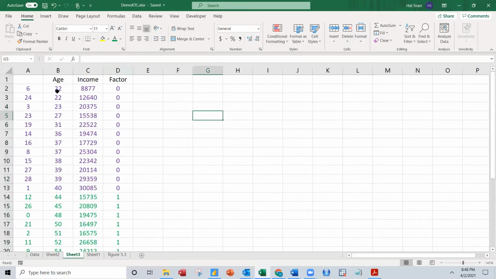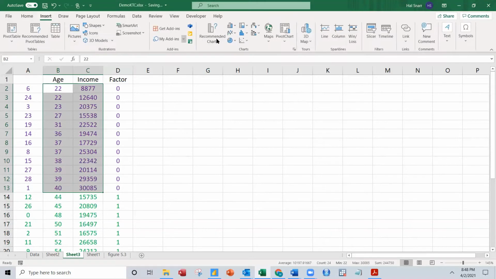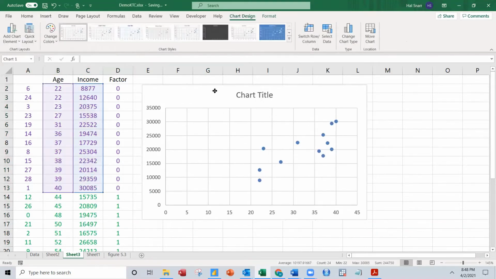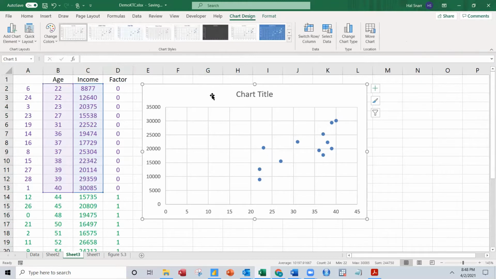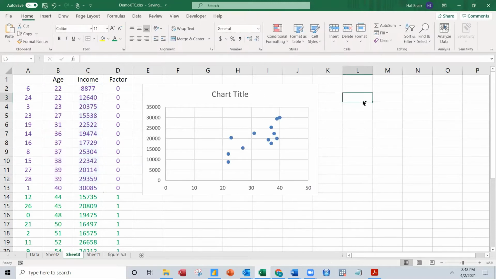You can recreate the graph by doing this. If you highlight just the age and income of the purple part, you can do insert, scatter, right? And then, here, I'll shrink this down a little bit. Copy this and paste it over here.